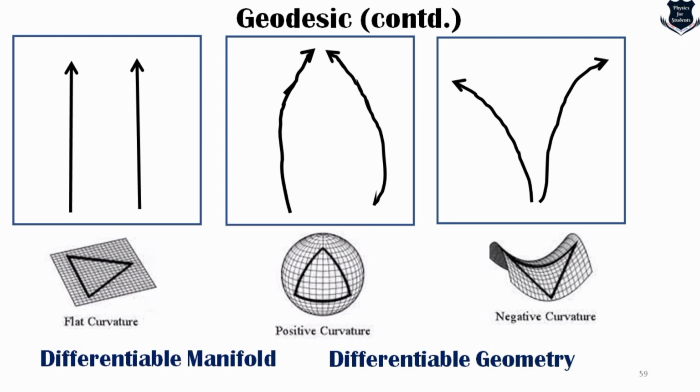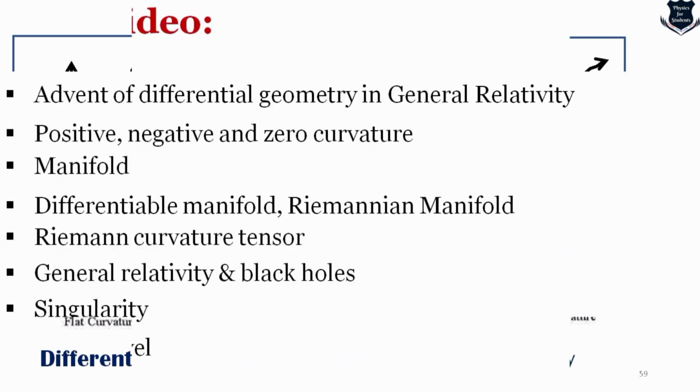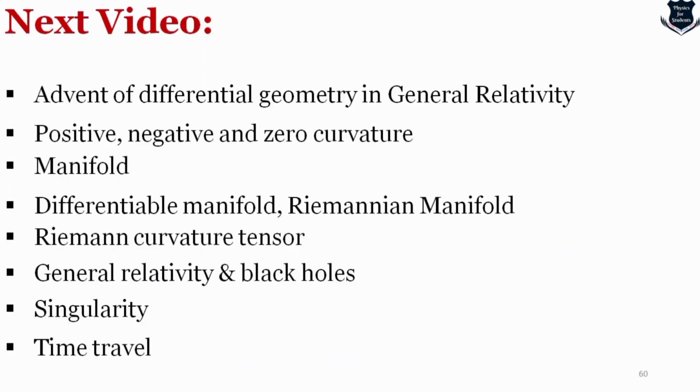Without that, we won't be able to understand the next aspect of fundamental concepts, which would lead to certain other areas. Let us see what we would cover in the next video. How differential geometry is important and how it came into general relativity, positive, negative, and zero curvature. What is a manifold? What is a differential manifold?